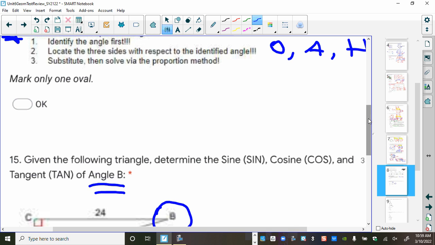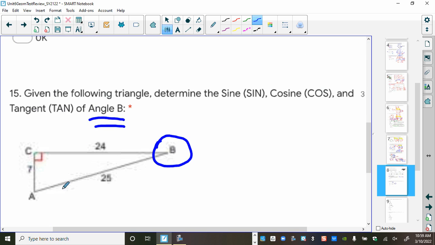And then from there, well, what's always the hypotenuse? Which one? It's always across from the right angle. So in this case, it's 25. So from angle B, which is the opposite? The 7 or the 24? Which side's opposite? Somebody's got to tell me.